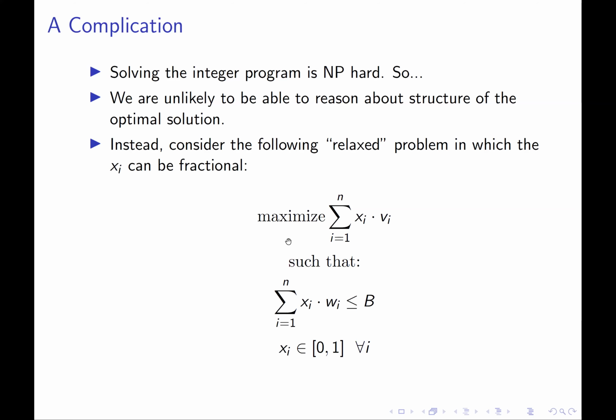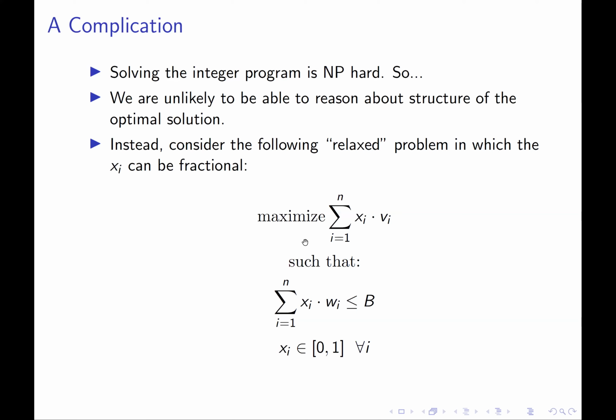Now, we're not going to make use of that. We're not going to actually solve this linear program, because after all, it's not clear what we would do with a solution to it. This is no longer the problem that we want to solve, because the solutions don't correspond to sets of winners when the xi's can be fractional.